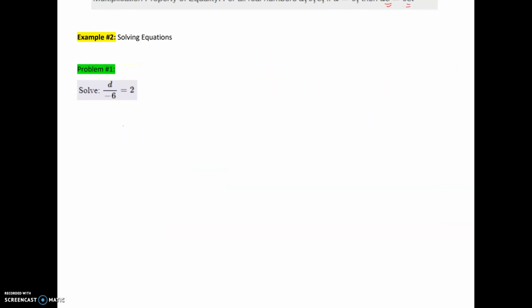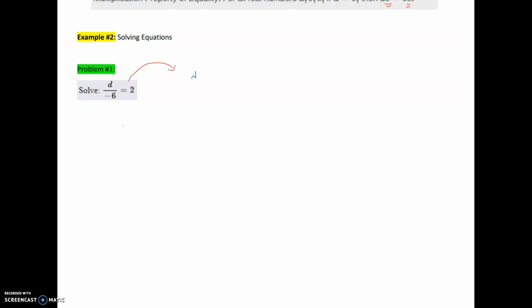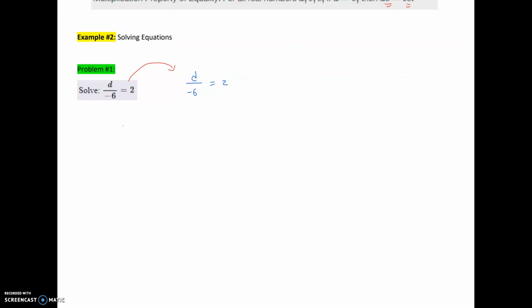On the first problem, let me just rewrite it so that it's clear. You technically have d divided by -6, and this is equal to 2. In order to isolate the variable, I'm just going to multiply by -6, the reciprocal, and you're multiplying both sides of the equation.